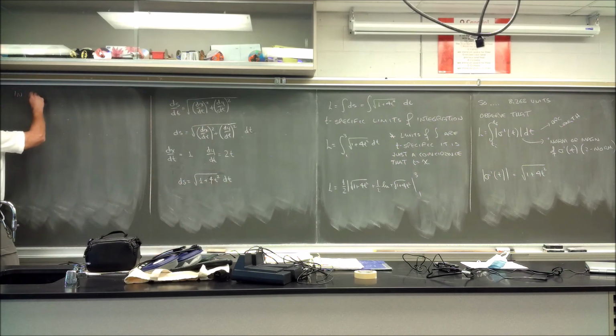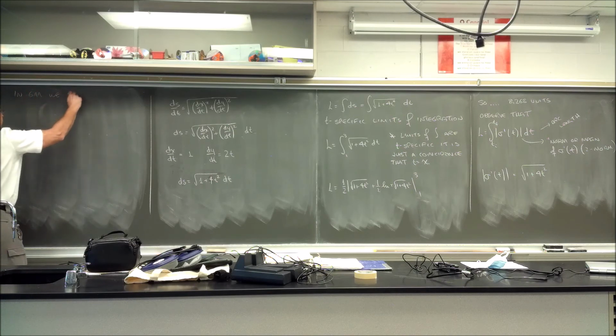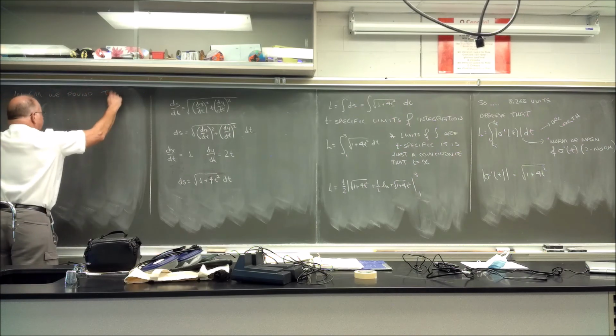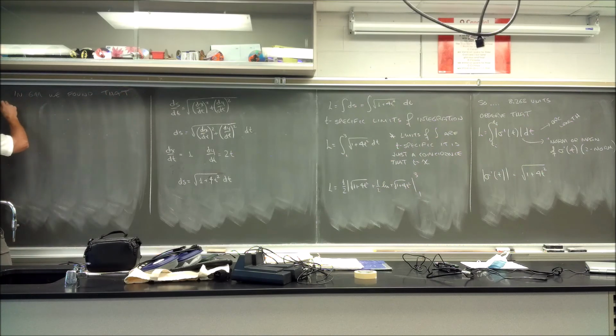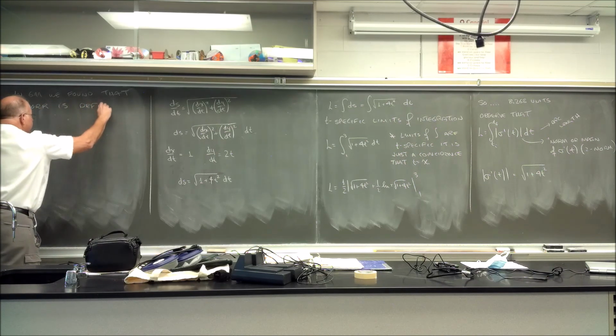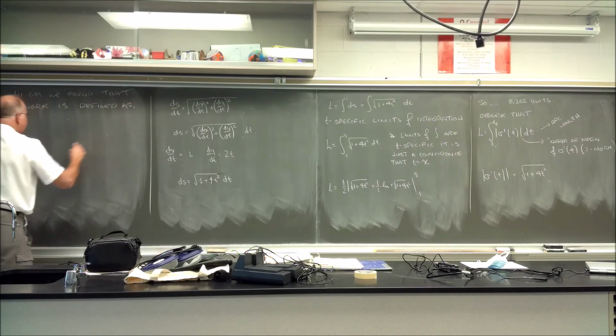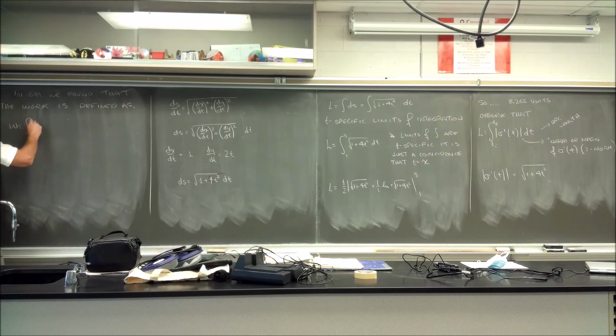In grade 11, we found that work is defined as the integral of f ds, which is fine, but that's assuming 1D, right? So vectorially we'd have work equal to the integral of F dot ds.